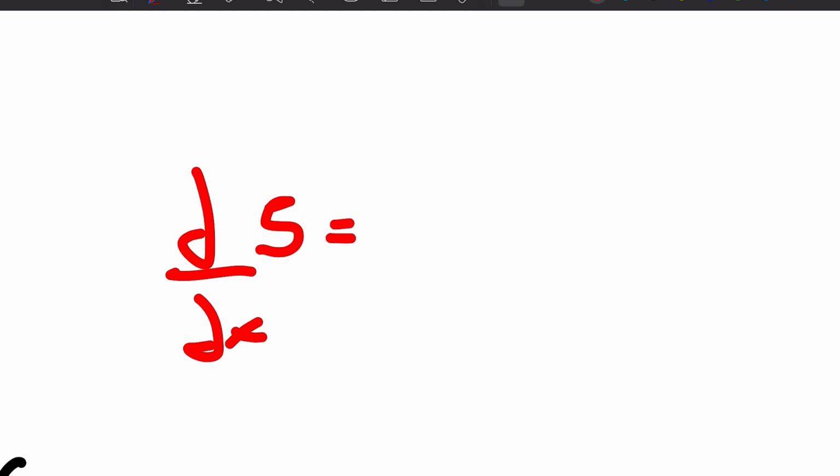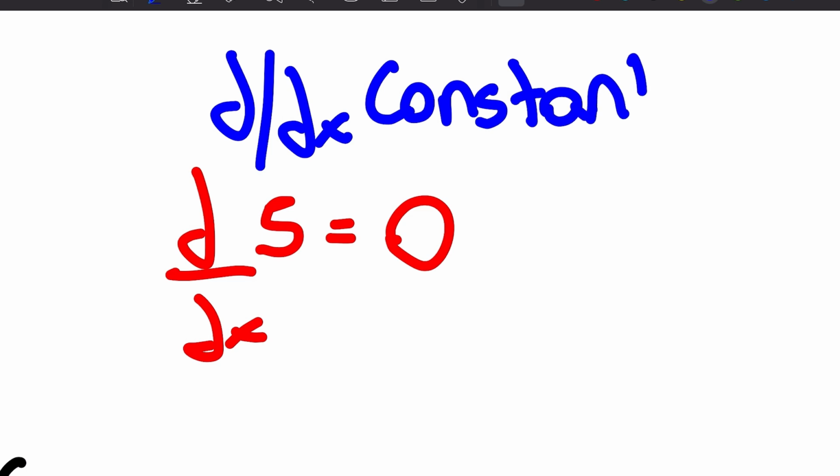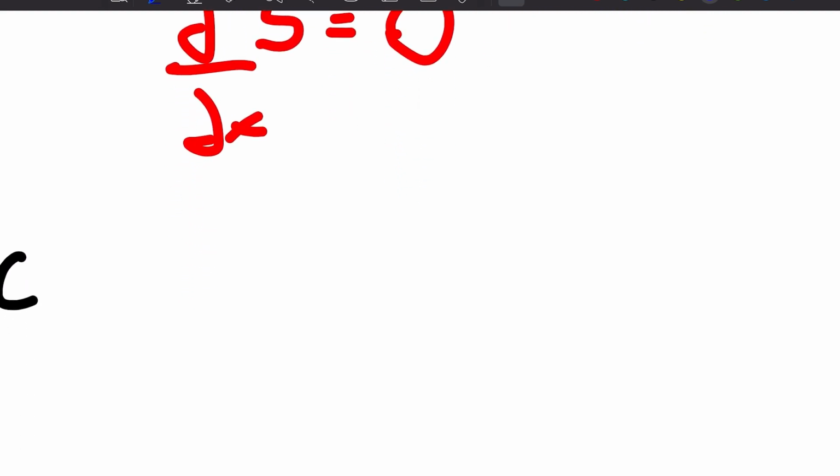So first of all, you know that d by dx of, we'll say, 5 is equal to 0, because of the differential of a constant. So if this is equal to 0, how could we find the integral of a constant?